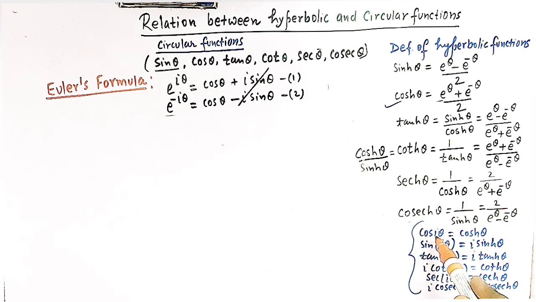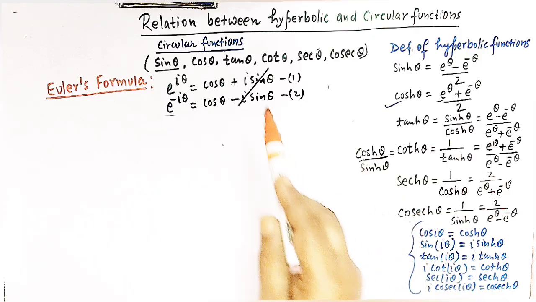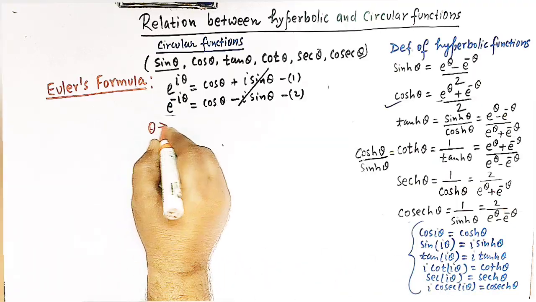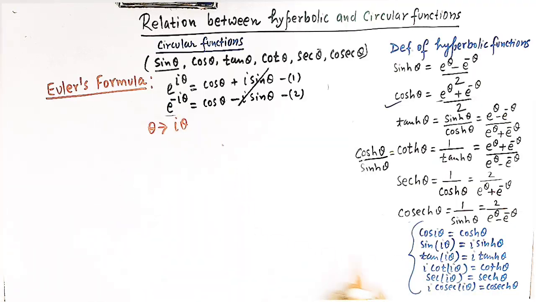Now we can also express these relations in some other way by replacing θ by iθ, right? If we replace θ by iθ in these six relations, then we can modify these six expressions. So let us modify these relations by replacing θ by iθ.